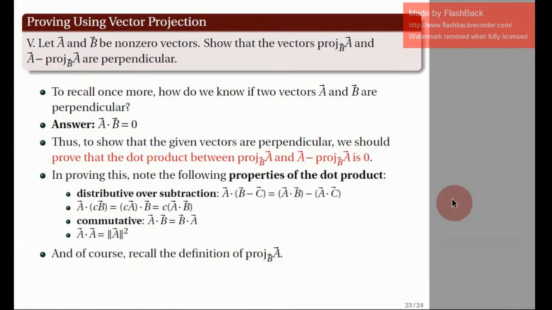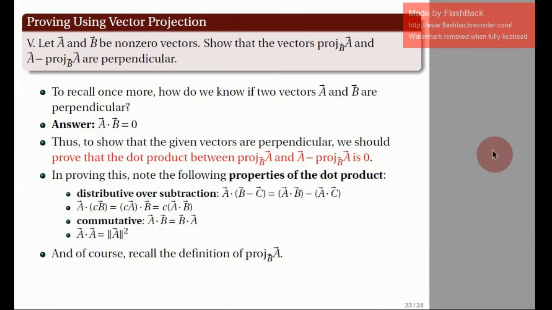At the same time, of course, we are to recall the definition of the vector projection of vector A onto vector B. Be very careful in the way of writing explicitly the definition. These are, in fact, the only concepts that we need in order to prove this item.